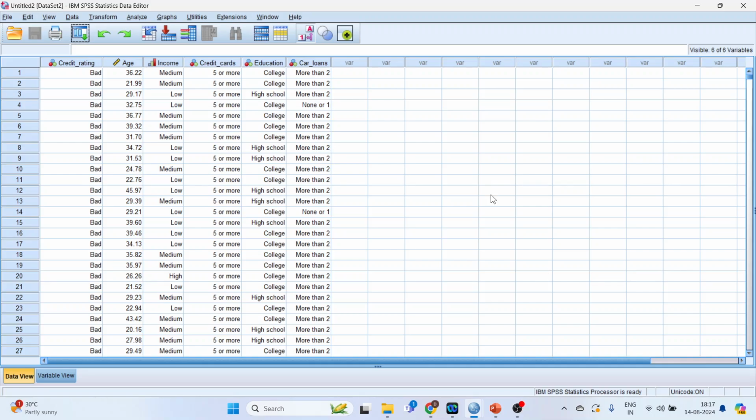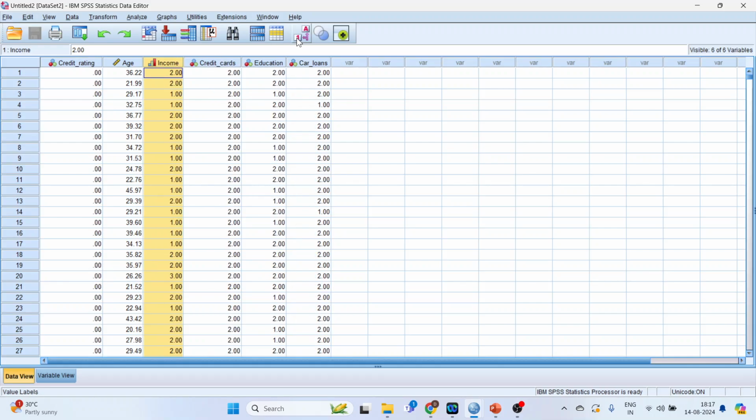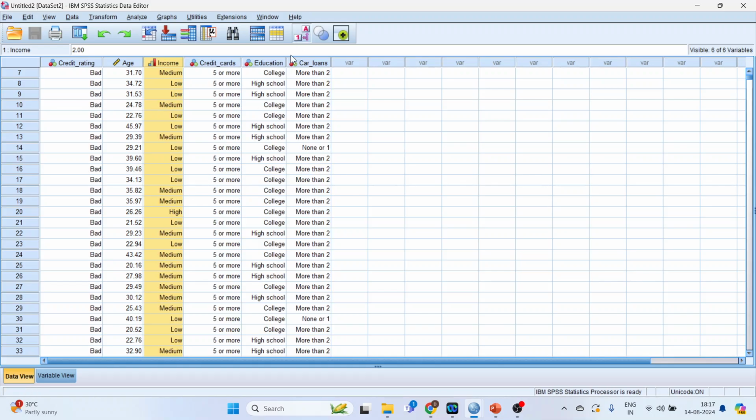So this data set consists of credit rating of the customer, binary, good or bad, age of the customer, income, which is coded either low, 1, or medium, and there is 3 also. So 3 is high.